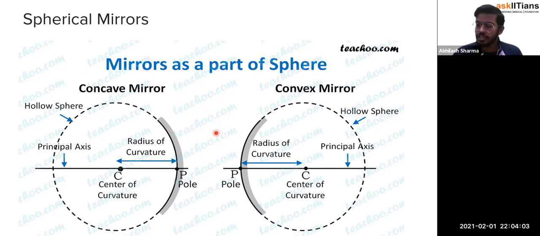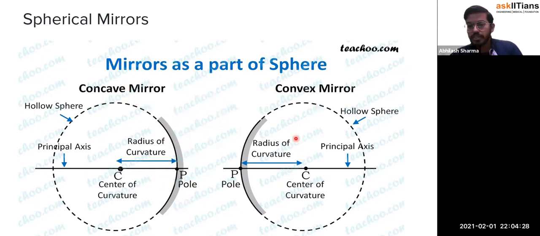Now there are two things we can do in polishing a metallic sphere. Either we can polish the inside surface of the metallic sphere. When you polish the inner surface, you can clearly see the inner part becomes the mirror and the outer part of the sphere is non-reflecting. That makes it a concave mirror, with the reflecting side inside.